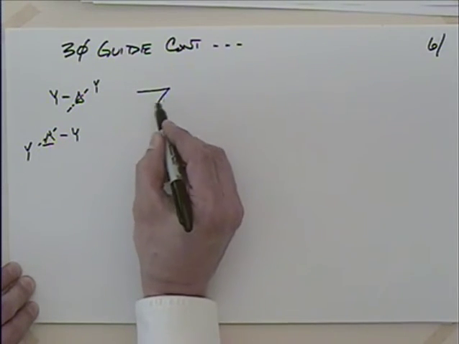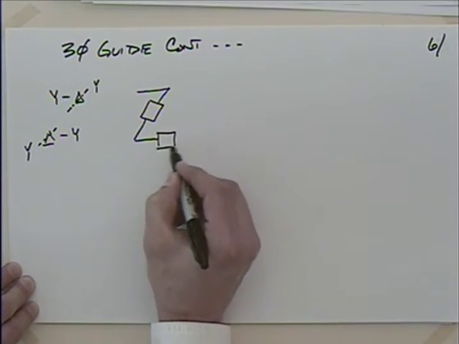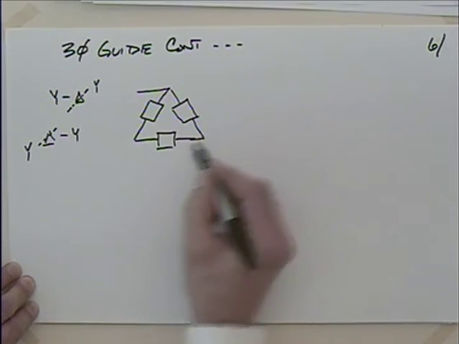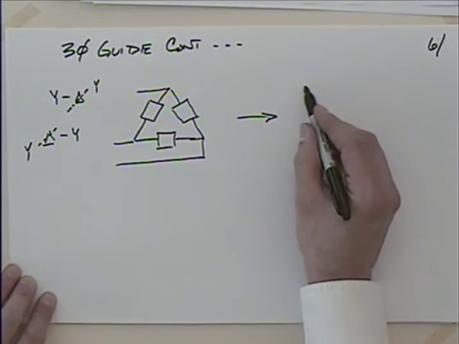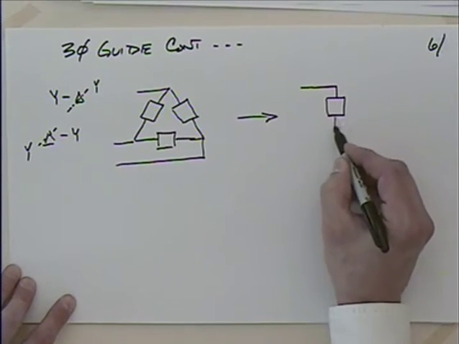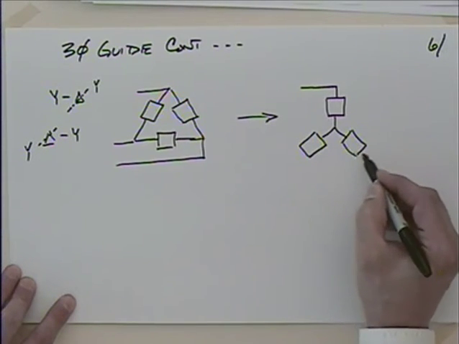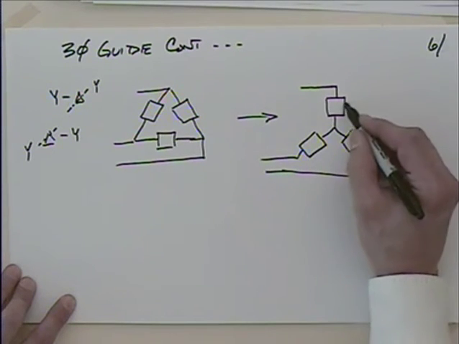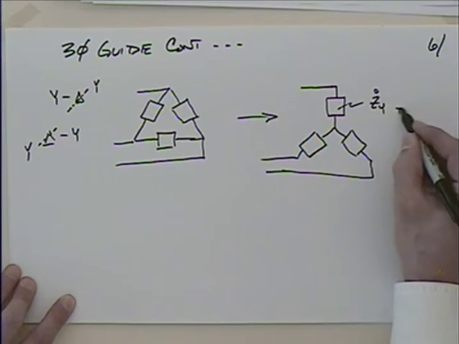But if I take this impedance in the delta, and I want to convert this to a Y, like that, each one of these would be my Z sub Y. I'll say this is typical.